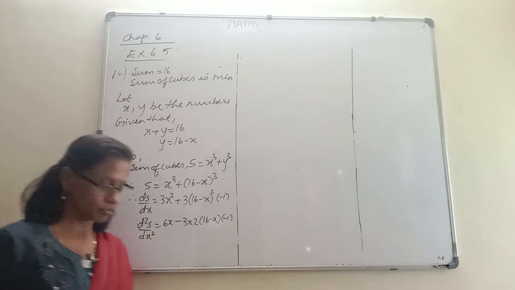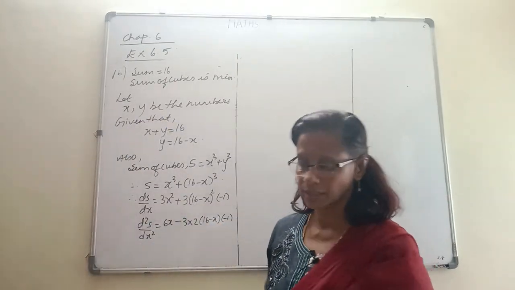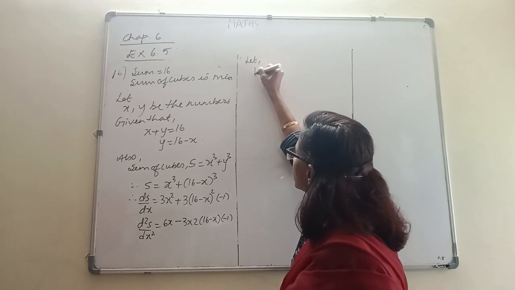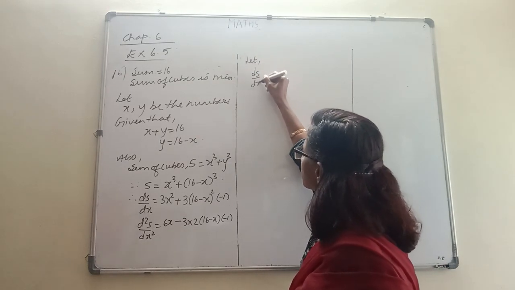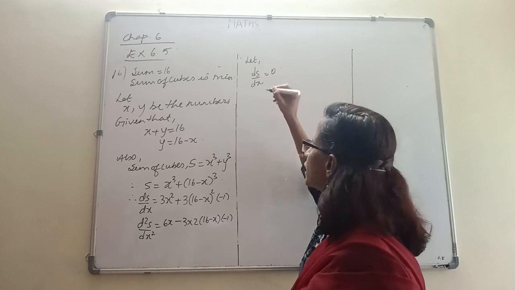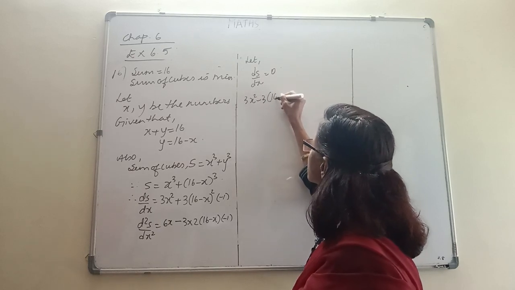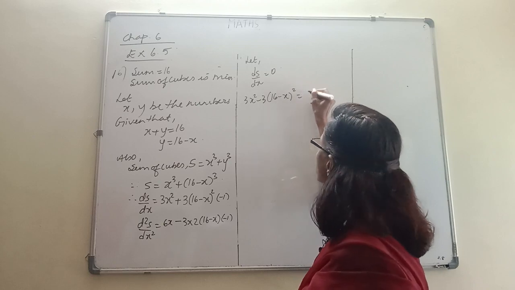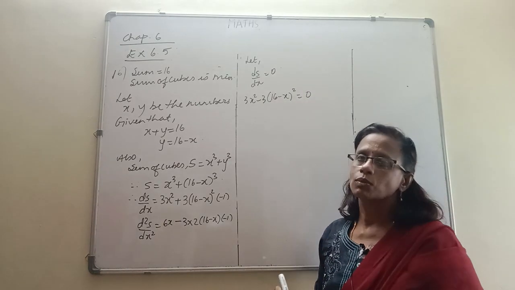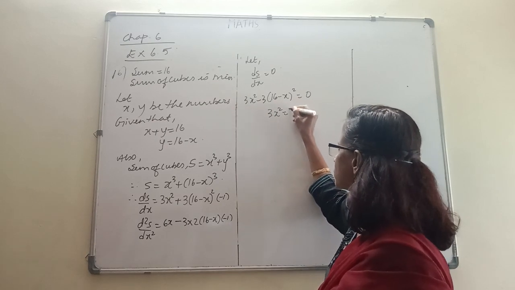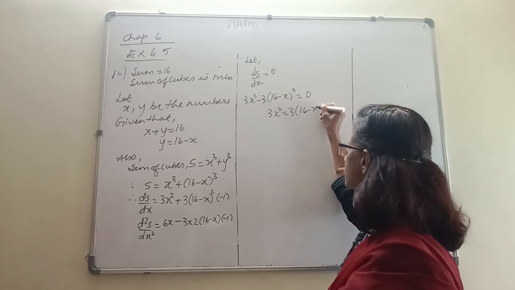We'll quickly go and find the critical point. Let dS over dx be equal to 0. That will give us 3x squared minus 3 times (16 minus x) the whole squared equal to 0. So we get 3x squared equal to 3 times (16 minus x) the whole squared.